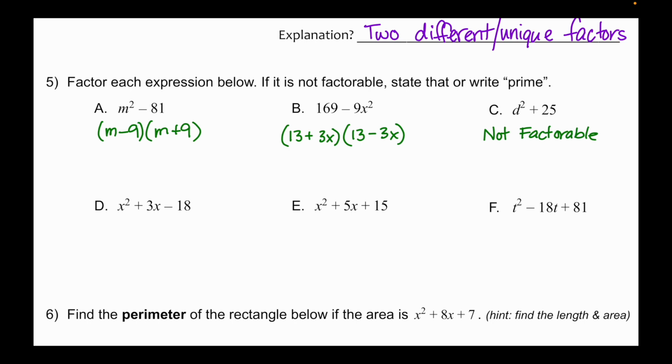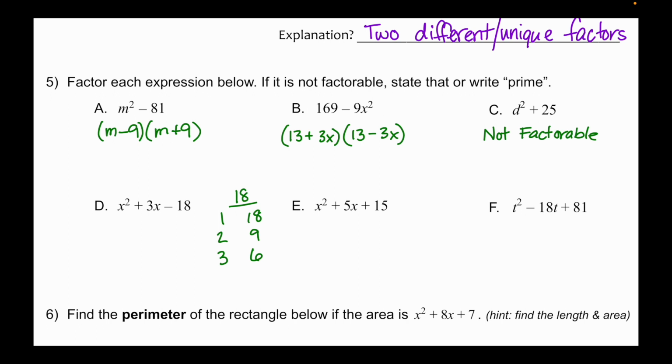That brings us then down to D, where we are looking for x squared plus 3x minus 18. So let's write out our factors of 18. That would be 1 and 18, 2 and 9, 3 and 6. And I believe that is it.